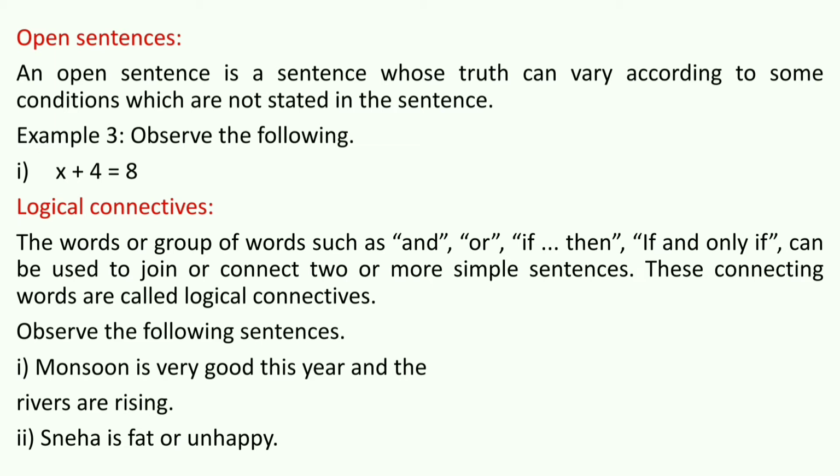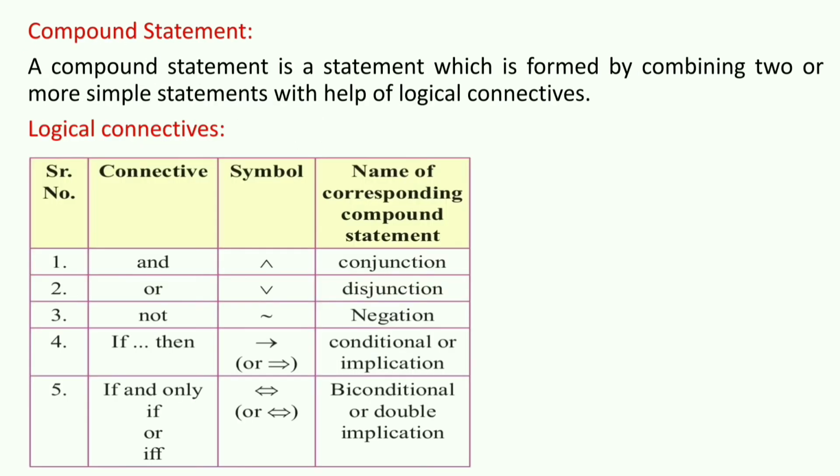Observe the following sentences. First is, monsoon is very good this year and the rivers are rising. Here these two sentences are combined by and. Second sentence is, Sneha is fat or unhappy. Fat or unhappy, these two statements are joined by or. Compound statement.